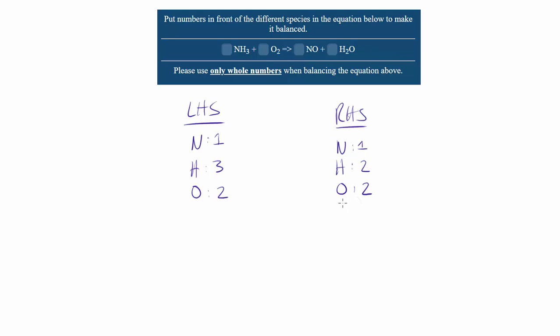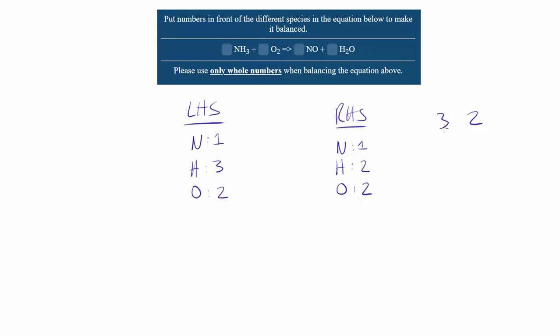It's not so easy as just putting some sort of number in front of just one of them. The way we're going to approach this is by looking at the lowest common multiple. If we're considering 3 and 2, what's the lowest common multiple of the 2 numbers?